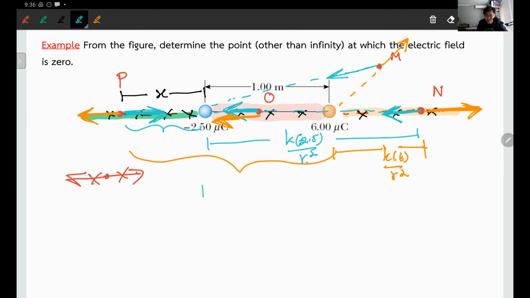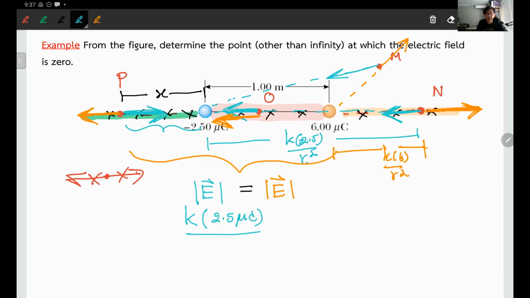So what I'm saying is I'm going to try to figure out the magnitude of the blue electric field, that eventually is going to be equal to the magnitude of the orange electric field. I use color coded here, okay? So the magnitude of the blue electric field is going to be K times the charge from the blue, 2.5 microcoulomb, divided by the distance squared, which is x.